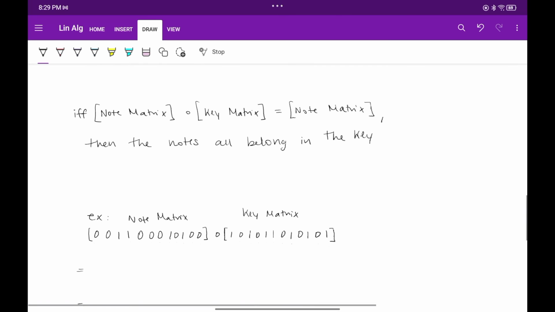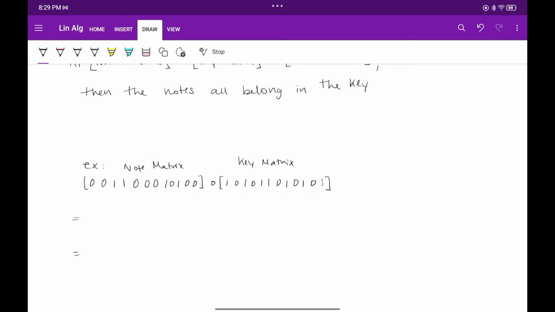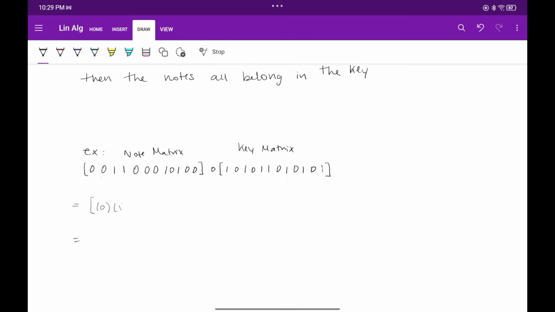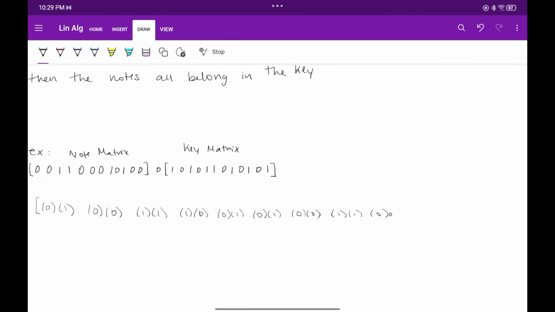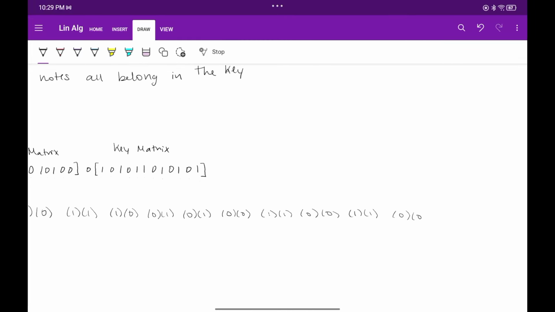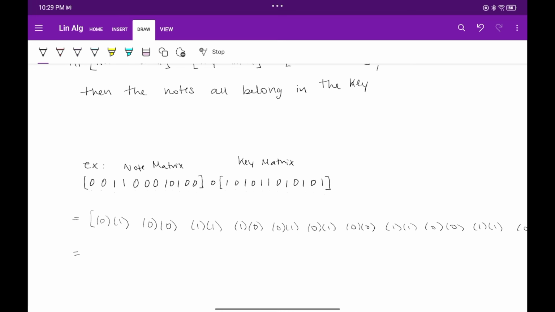So we've got the note matrix here and the key matrix. So this will yield another 1 by 12 matrix, and we can do out the multiplication. And then we do out the multiplication to yield the result.